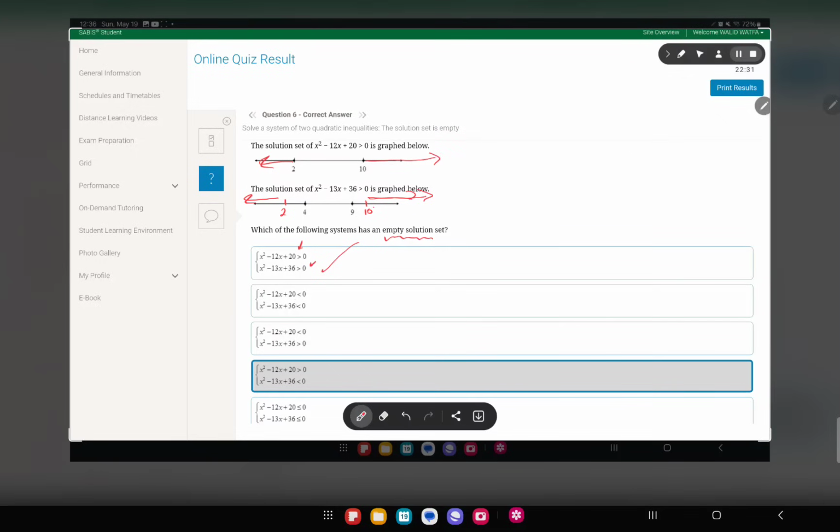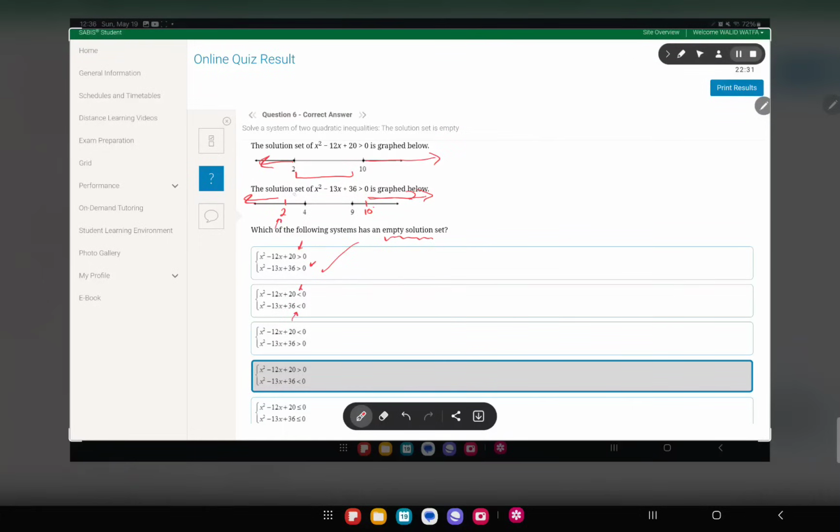Okay, less than 0, less than 0. When is this less than 0? When it's negative, it's in between 2 and 10, right? So here's 2, here's 10, right?